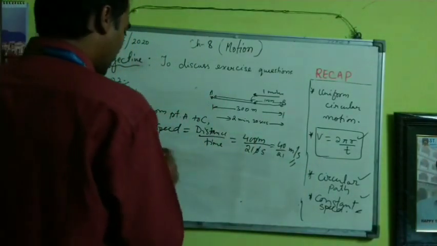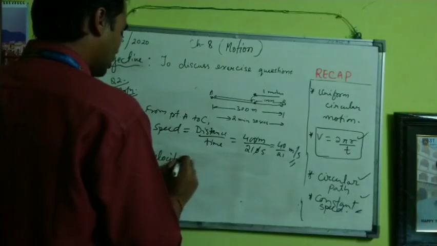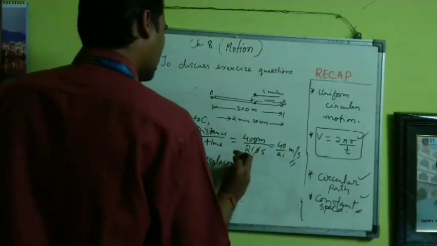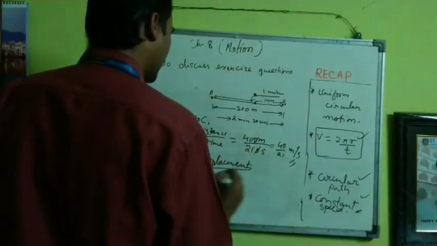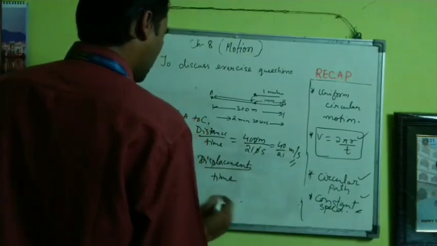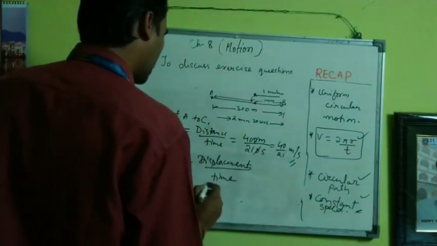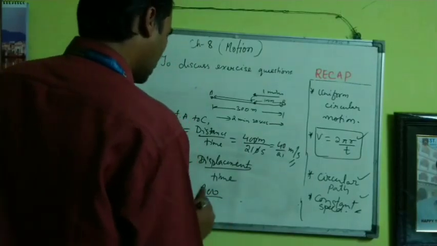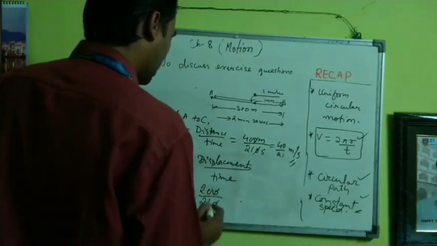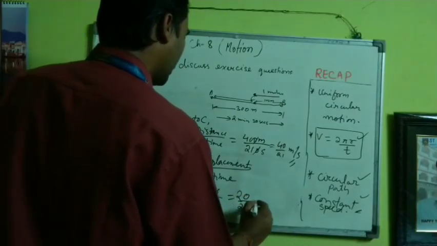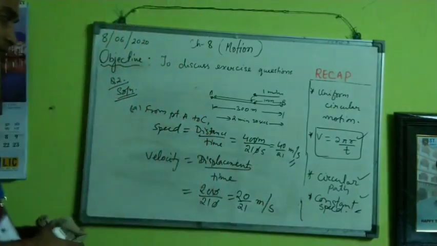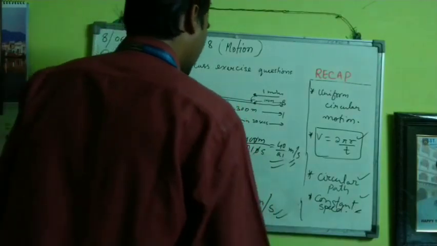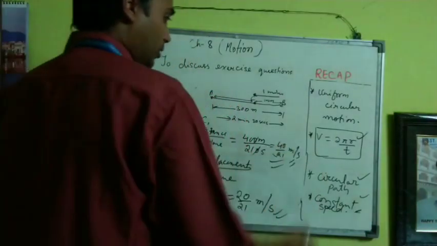Then velocity is displacement divided by time. Displacement we got as 200, and total time is 210, so this becomes 20 by 21 meters per second. So this is the speed from point A to C, and this is the velocity. If you want, you can convert this into decimal.